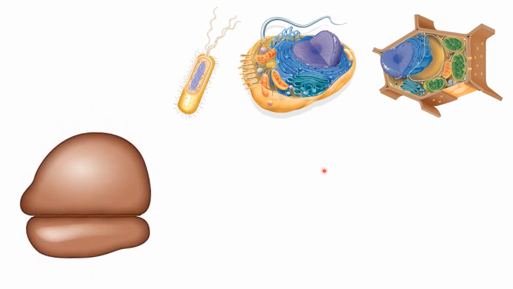So, what is the structure of the ribosome? The ribosome is composed of a larger subunit, as shown here, and a smaller subunit. These two can actually detach when the ribosome is not at work.